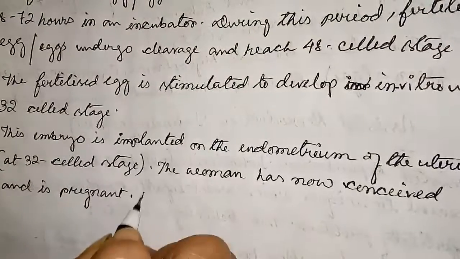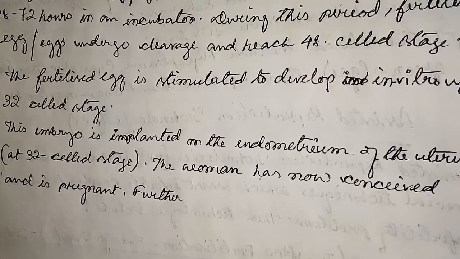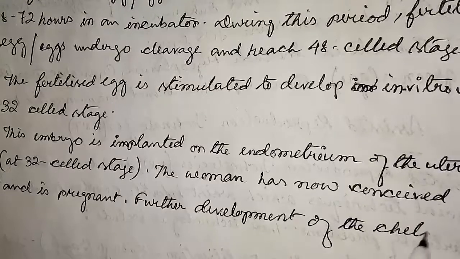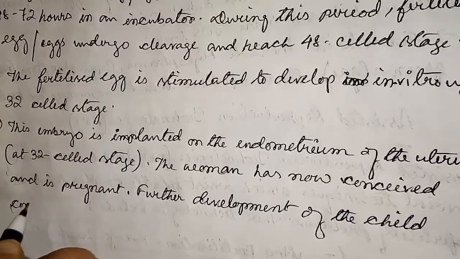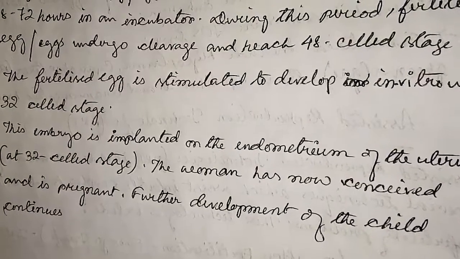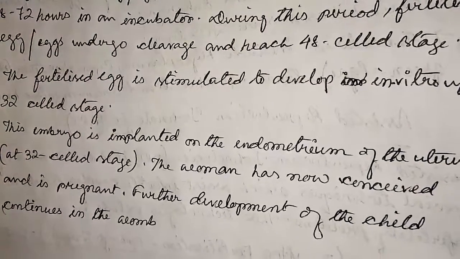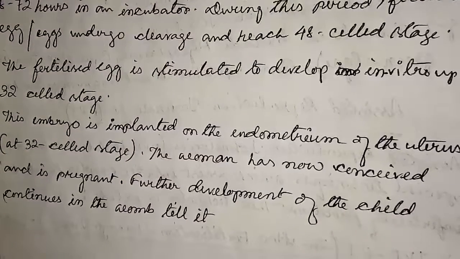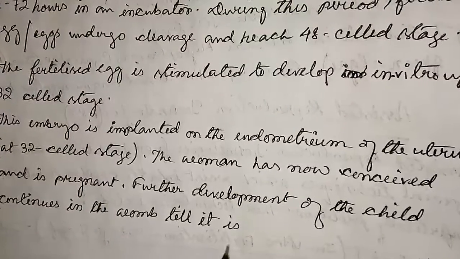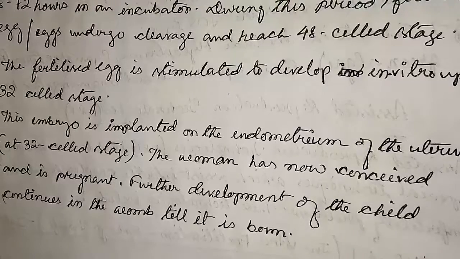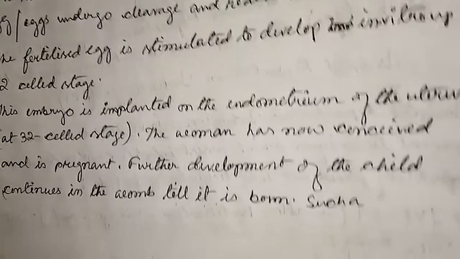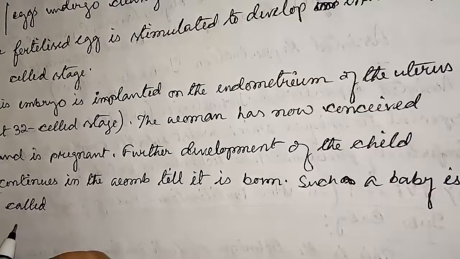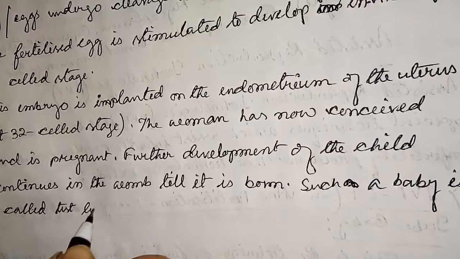Further development of the child continues in the womb till it is born. Such a baby is called a test tube baby.